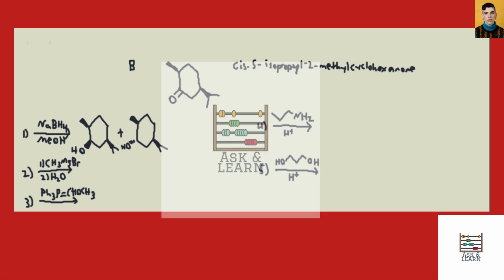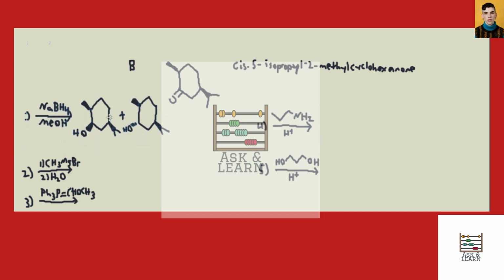Okay, I am going to try to move that up so that I have some more room here. Okay, so for part 2, let's see if I can move this up a little. All right, so for part 2, we're going to get addition of a methyl group since it's a Grignard reagent, Grignard reaction. But again, we need to account for stereochemistry in the products.